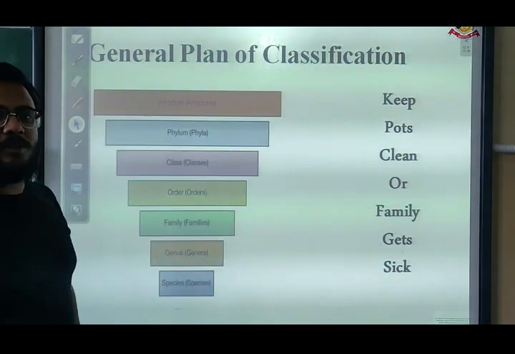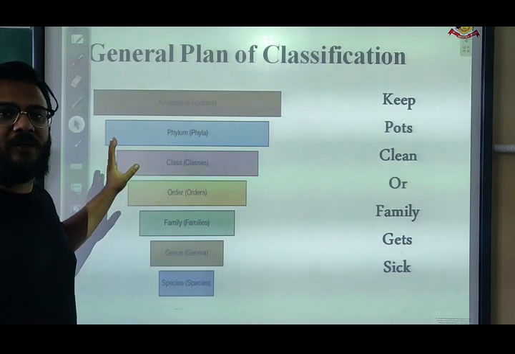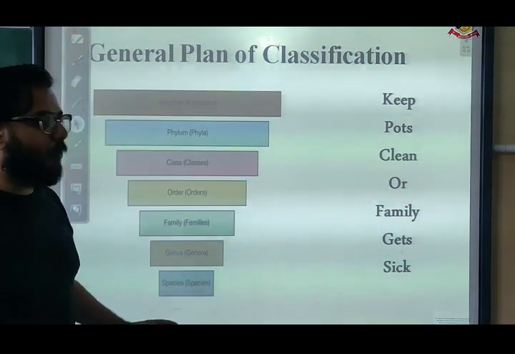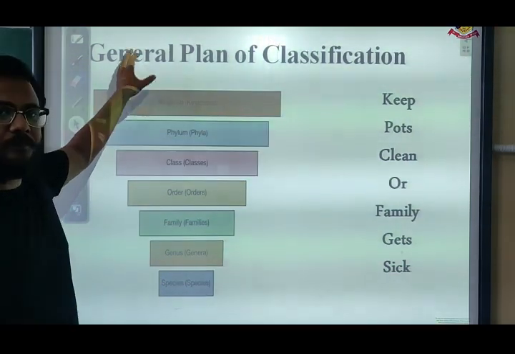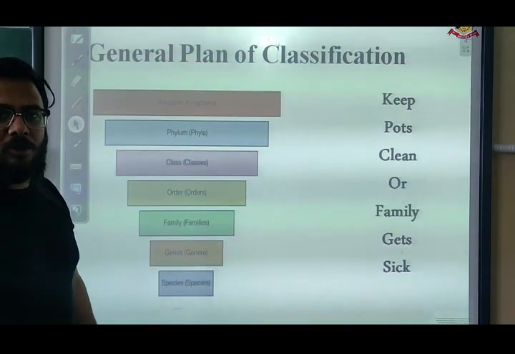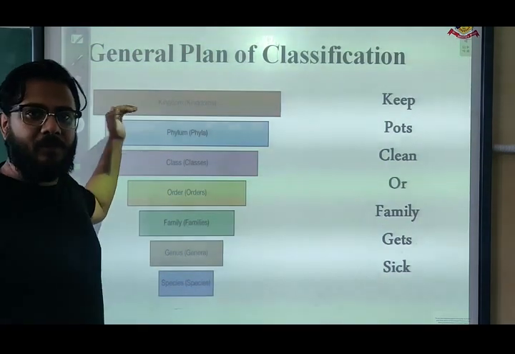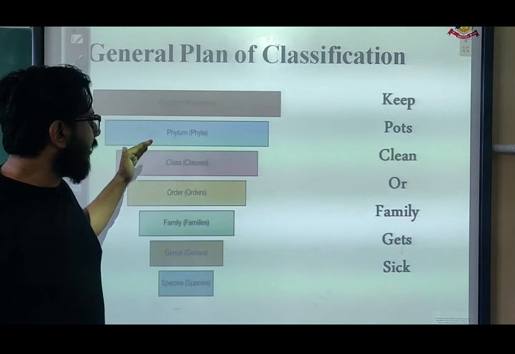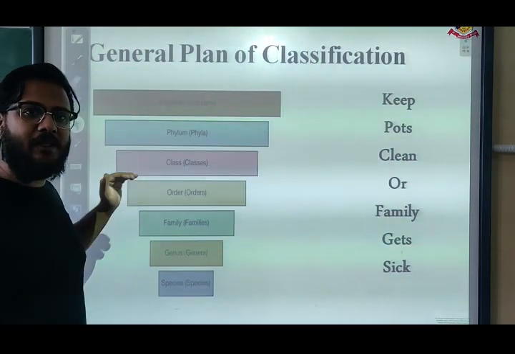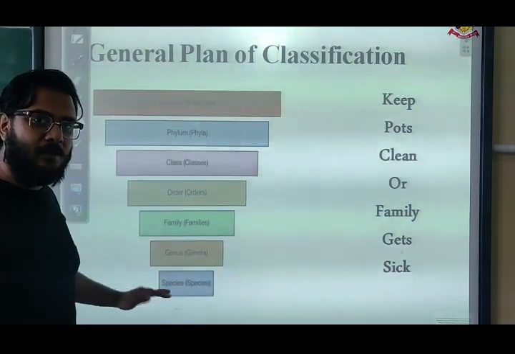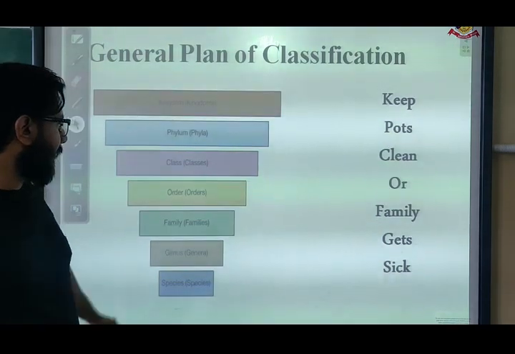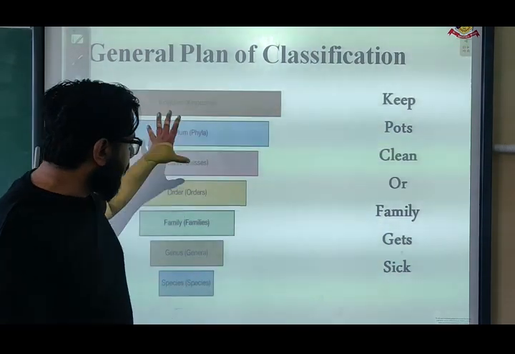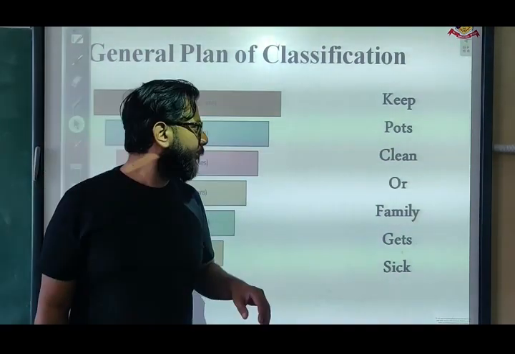You can read about this in your book. It's there in page number 25 and 26. Just remember the order. It's kingdom, phylum, class, order, family, genus and species. Okay. To remember this, we have a mnemonic which you can use.